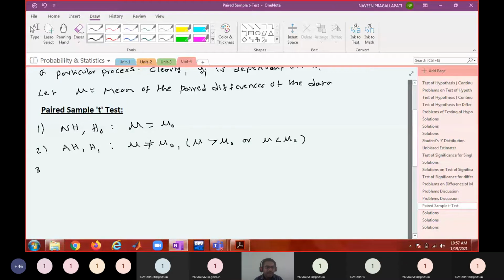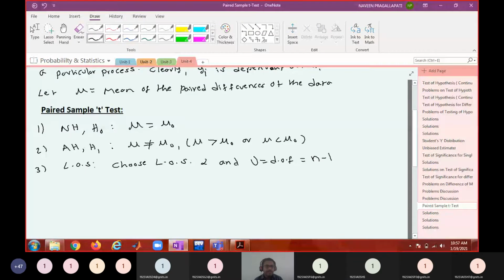Third, choose the level of significance alpha and the degrees of freedom nu. If the sample size is n, then it is going to be n minus 1.